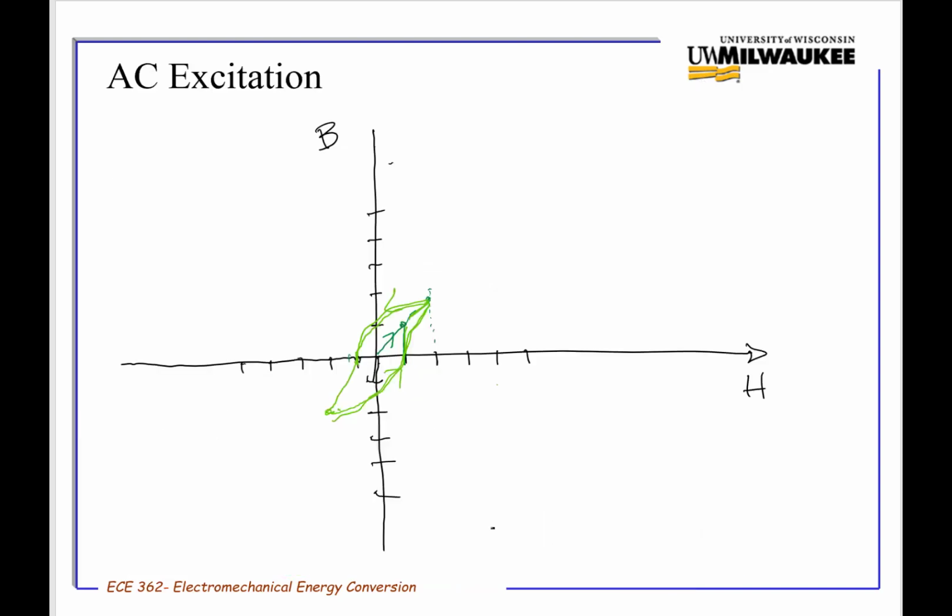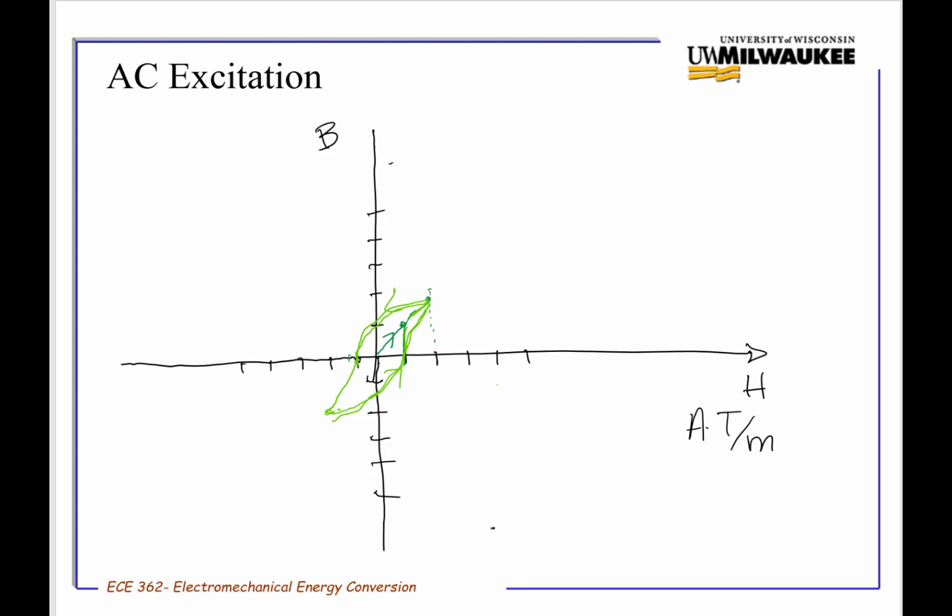So if we go down to thinking about using the information that we have for a test, we want to generate a BH curve, and we know that the units of the H are ampere turns per meter.